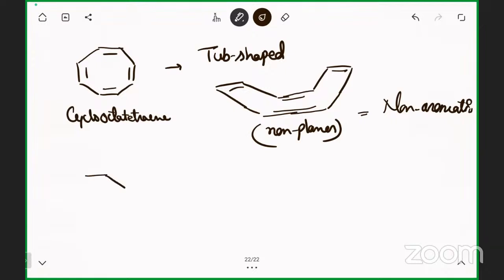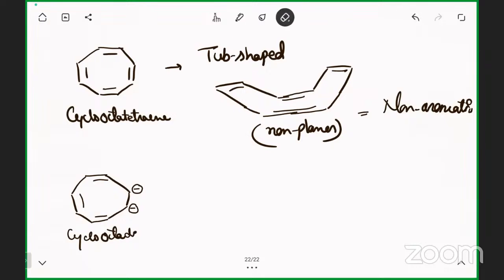But if I talk about this compound now, the cyclooctatetraenyl dianion, two negative charges are there.